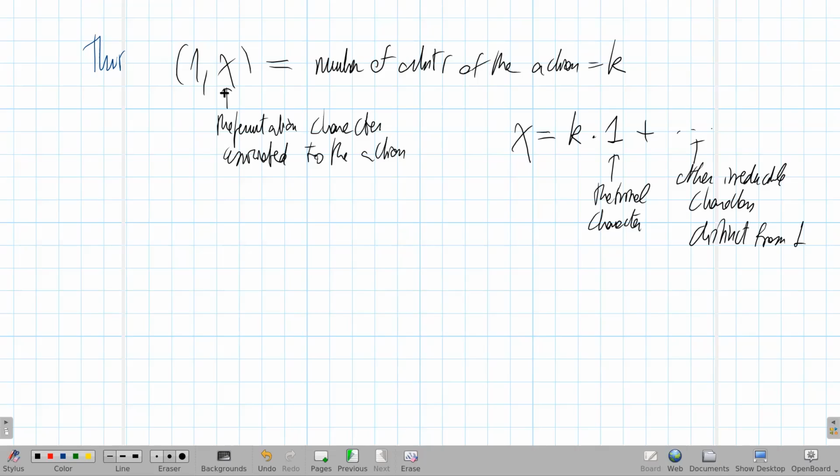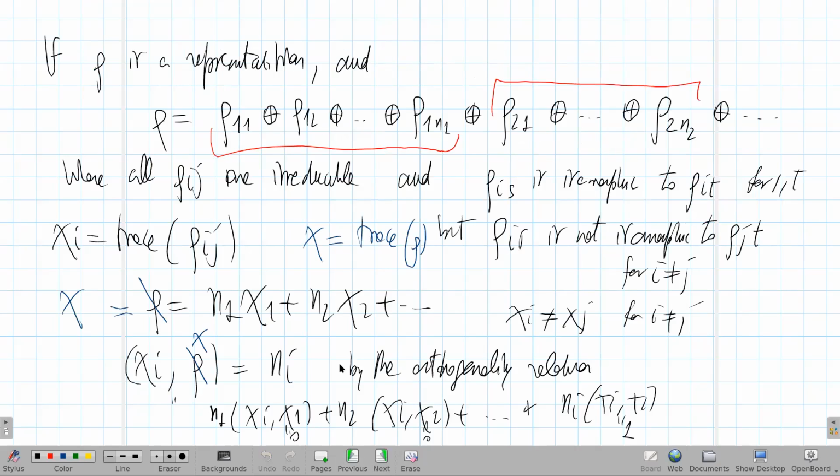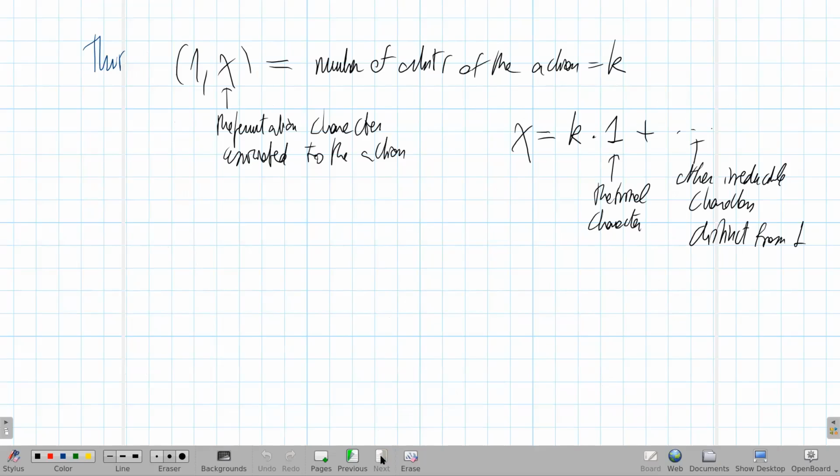Because this inner product tells you how many times the trivial representation appears when you write the representation as a direct sum of irreducible representations.